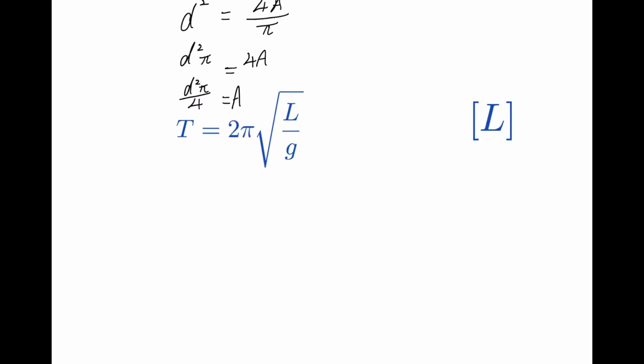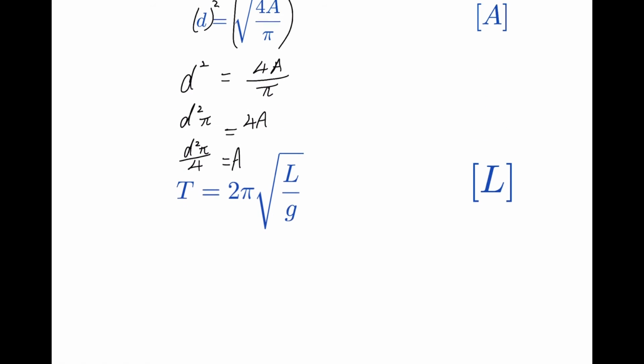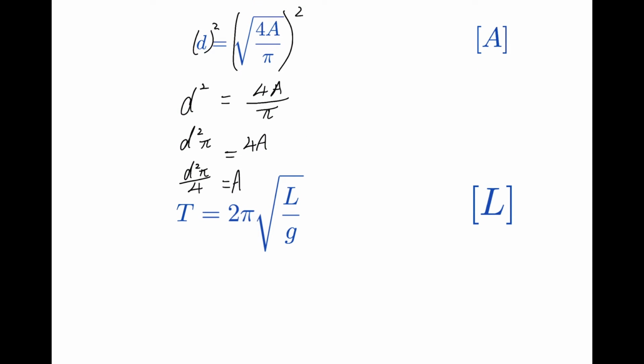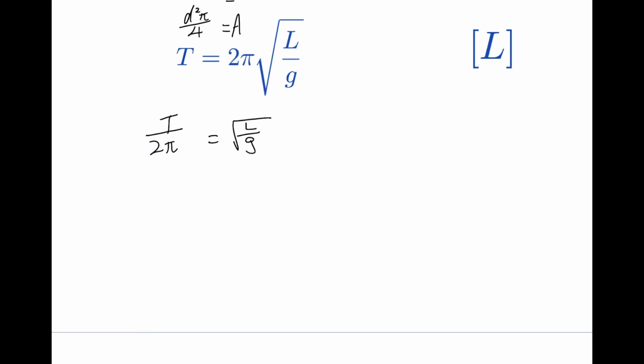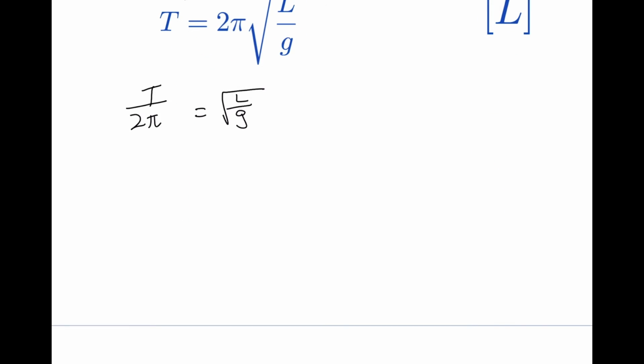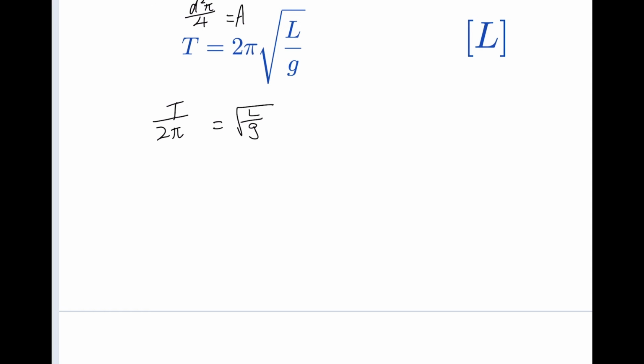Yep. Continue. You have to make L the subject, so deal with the 2 pi first, and then you don't need a square root, so what you do is give it a square on both sides. So this square goes to here, here, and also here.